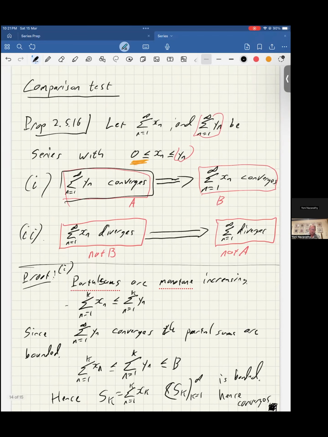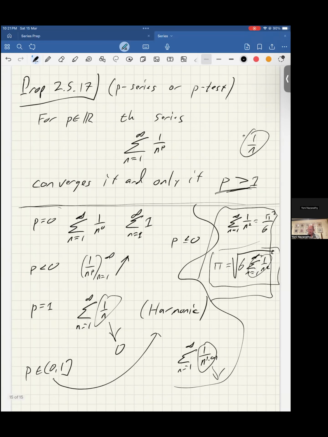It will just follow from the comparison test because we'll see that the harmonic series diverges and the nth term is going to be greater than the nth term of the harmonic series, and that's all. Okay, so that's it for the p-series.